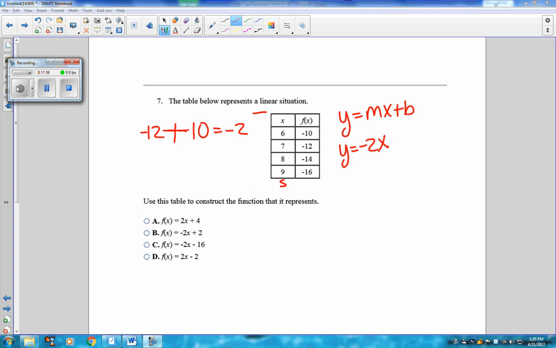So at 5, I would have negative 8, 4, negative 6, 3, negative 4, 2, negative 2, 1, 0, 2. So that my final answer is going to have y equals negative 2x plus 2. So in this case, my answer is going to be B.